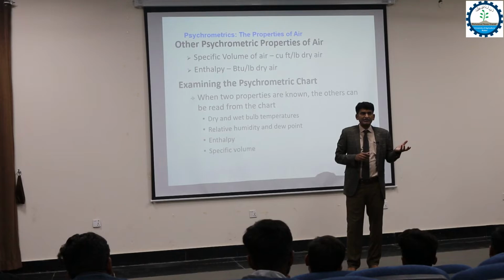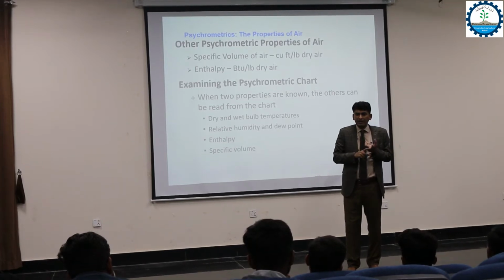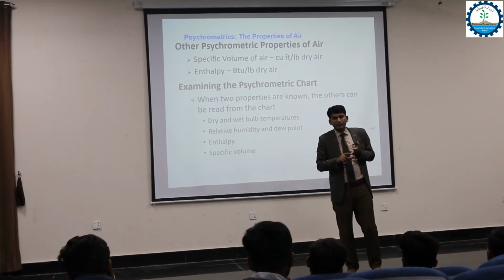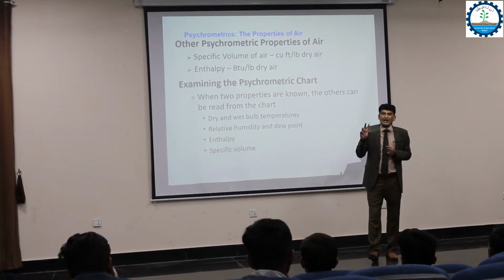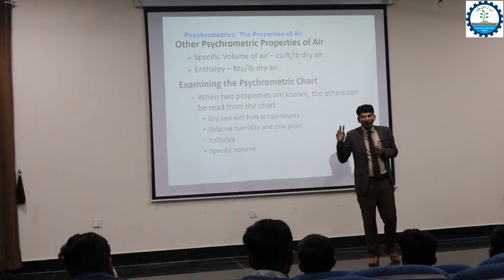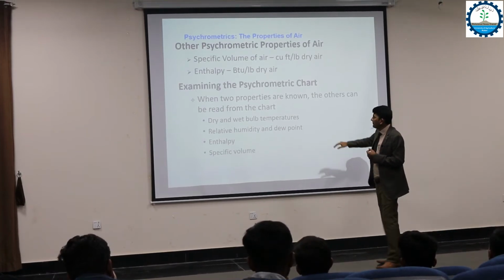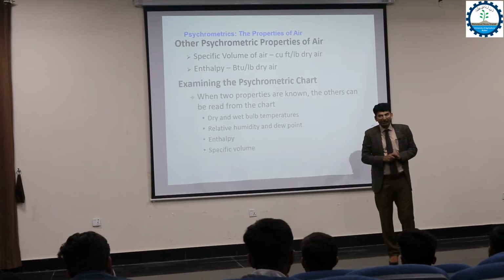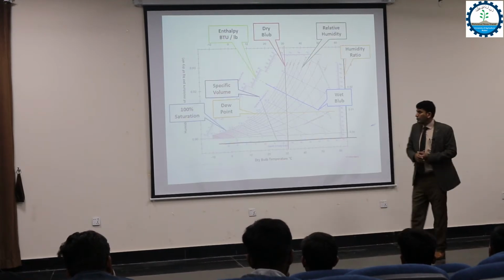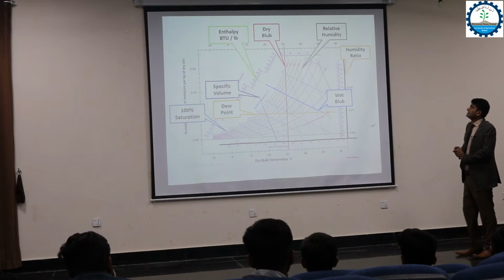We can measure the dry bulb temperature and wet bulb temperature. After that, we just use these two values of dry bulb and wet bulb, and we can predict all the others with the use of the psychrometric chart. This is the beauty of the psychrometric chart.